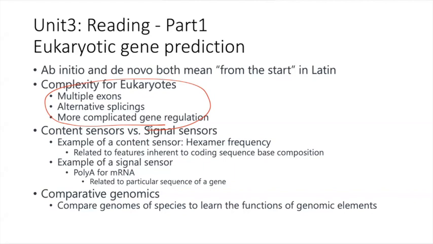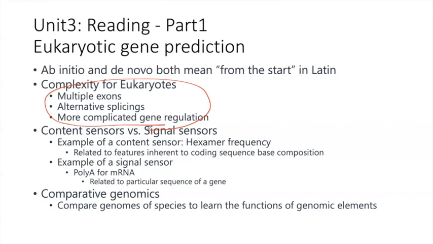It gives some signal or information, and everybody knows that after that the mRNA is done, right? So those are typical signal sensors, and promoters and all these are examples of signal sensors. How about the content sensor?